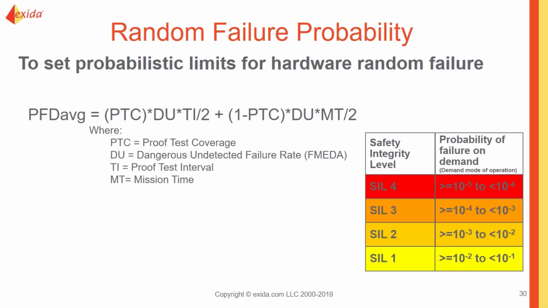The PFDavg can be a very complex equation, with up to 9 different variables that could alter the probability of failure. If you want more information on PFDavg and PFH, we have full-hour webinars just on this topic.